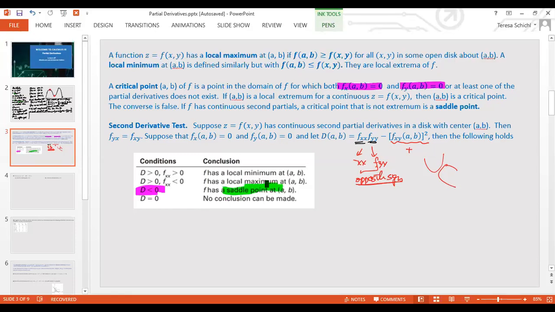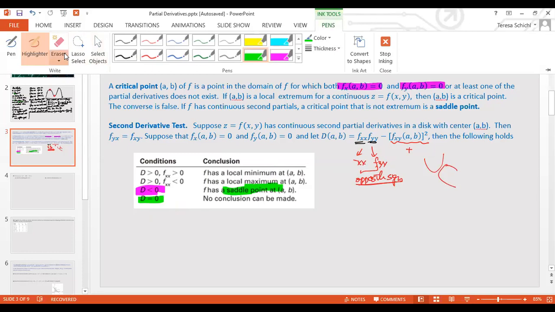Okay, the next one is when D is equal to 0. So what is the graphical meaning of D equal to 0?